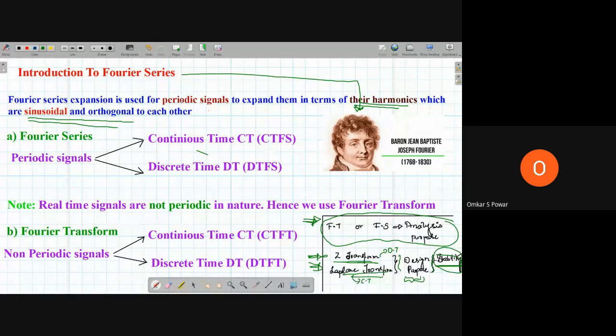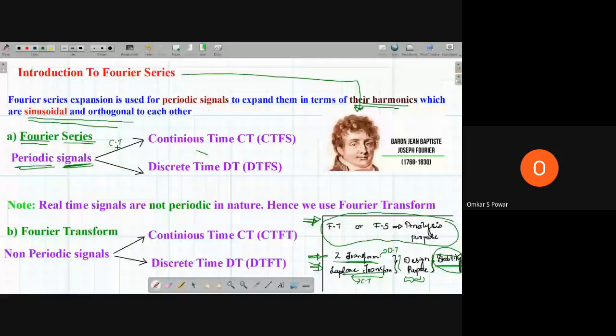Then what are harmonics, and why in terms of sinusoids, why not other terms? We'll see. First we will see Fourier series. Fourier series is applied to periodic signals. If Fourier series is applied to a continuous time signal, it is called continuous time Fourier series.